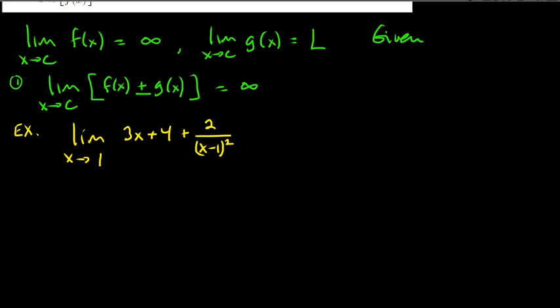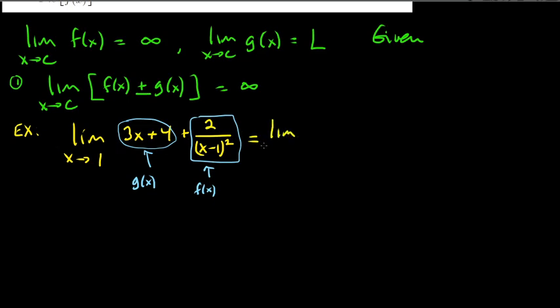Okay. And so we're adding two functions. I'm going to consider this to be my g of x. So I kind of have it backwards here. And this will be my f of x. So it's g of x plus f of x, but that's the same as f of x plus g of x. Right. So you remember, of course, that you can split this up as two separate limits here.